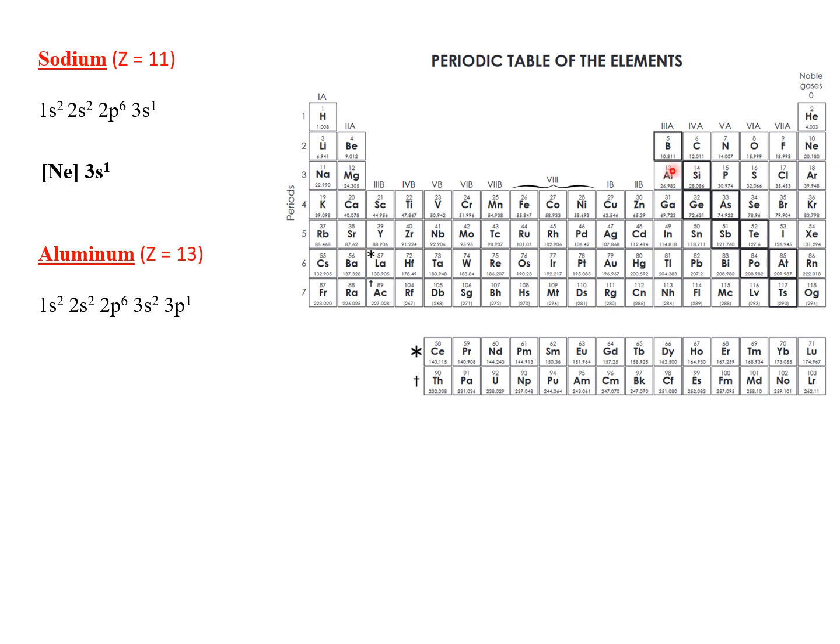If you go backwards, the noble gas is neon. So instead of writing 1s2, 2s2, 2p6, the first 10 electrons, we write neon in square brackets like we did here. And then the remaining configuration is 3s2, 3p1.